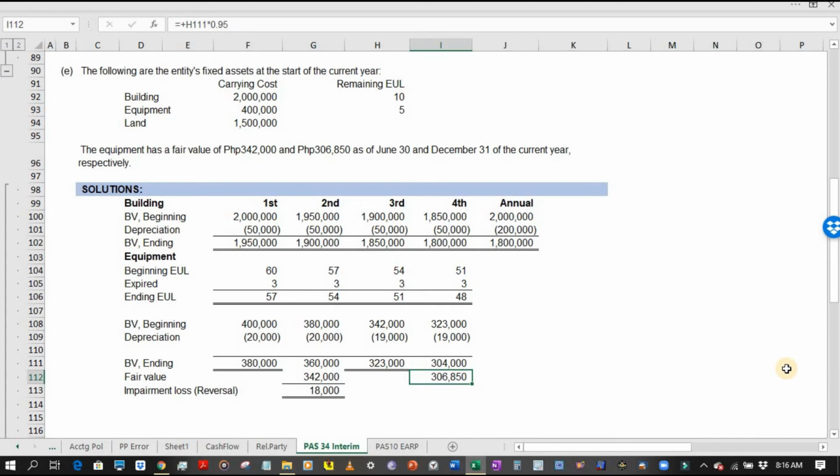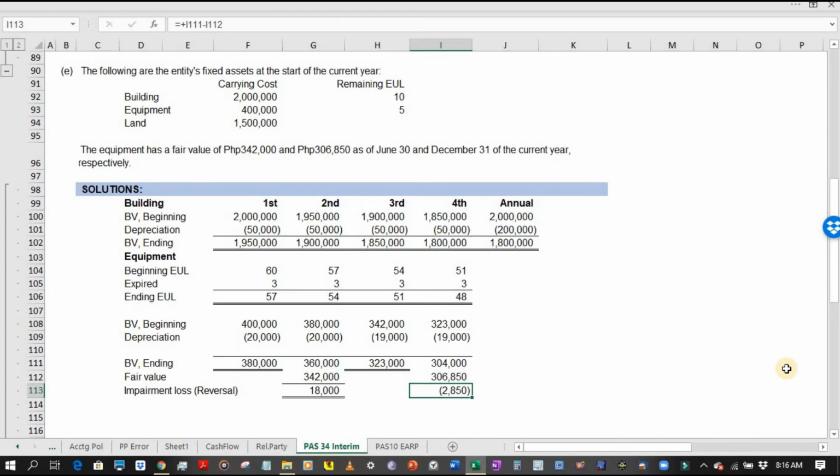Of course, the answer is yes, because that will be the reversal of impairment loss. So the 2,850 is considered as a reversal of impairment loss, which will be recorded as an increase in the carrying value of the equipment.